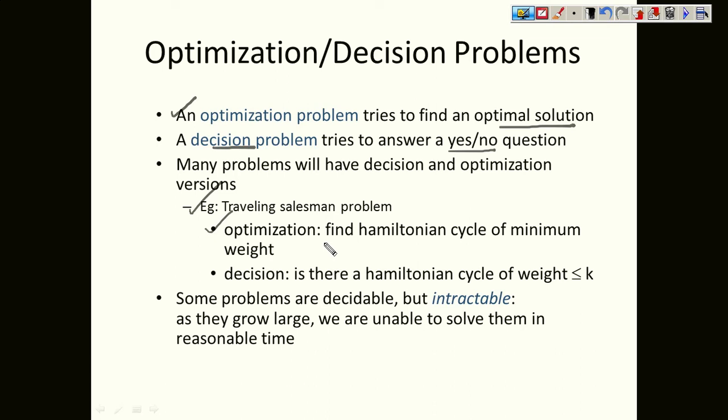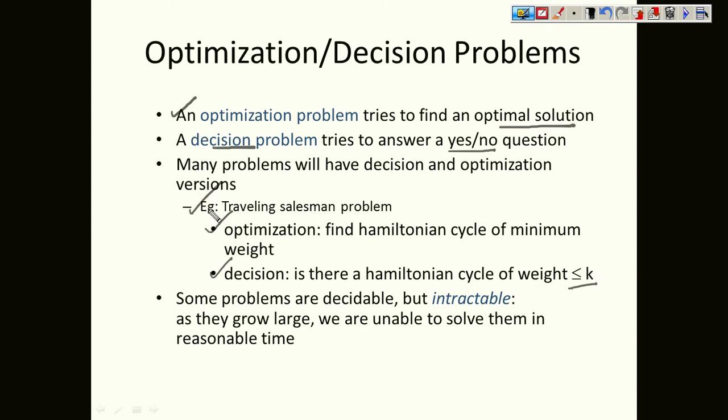So we are trying to find the Hamiltonian cycle that connects all the vertices of the given graph. If we represent the same problem as a decision problem, then we are interested in a particular query: is there a Hamiltonian cycle of weight less than k, where k is any value, maybe representing a distance?